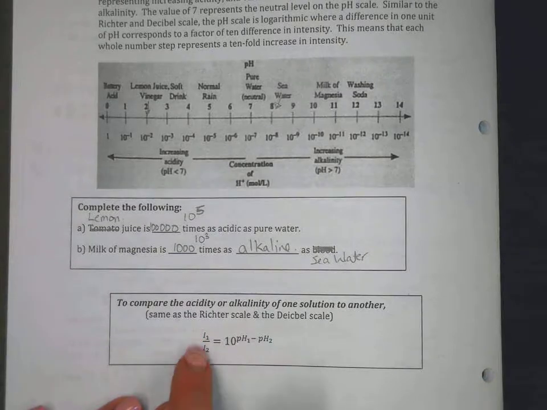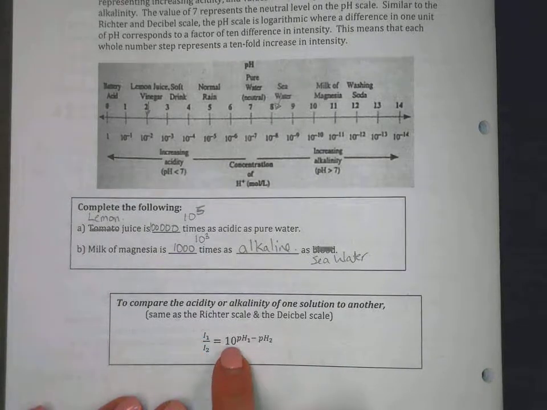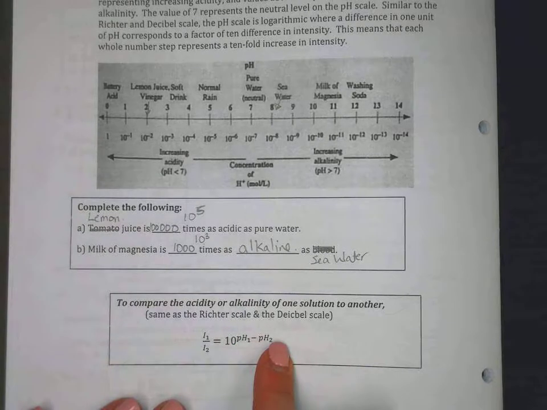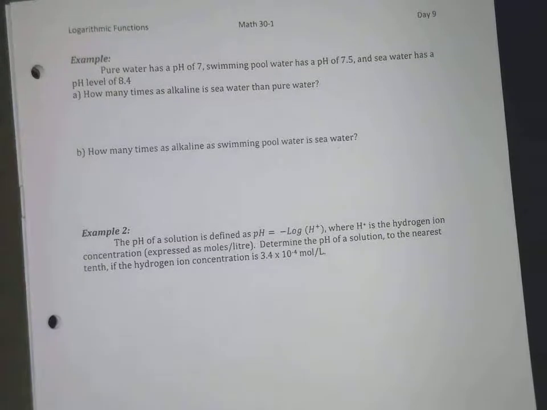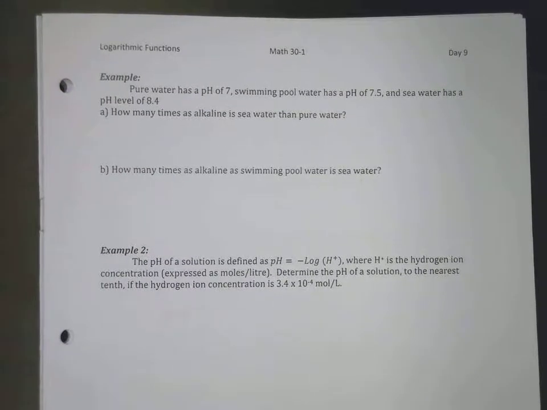All right, so it says pure water has a pH of 7. Swimming pool water has a pH of 7.5. And seawater has a pH of 8.4. How many times as alkaline is seawater to pure water? So I'm comparing my seawater alkalinity, which is 8.4, to the pure water.